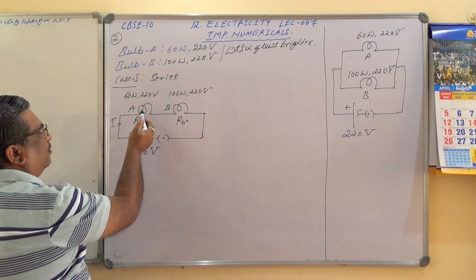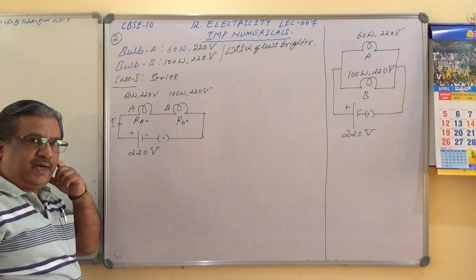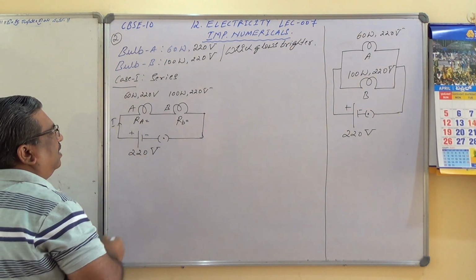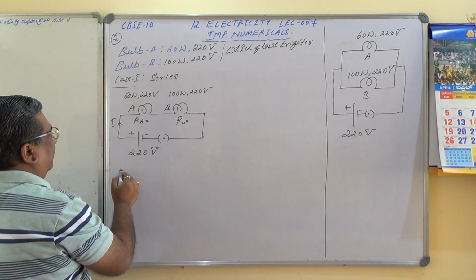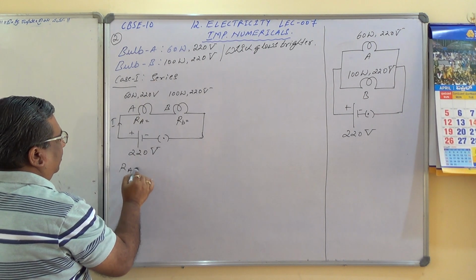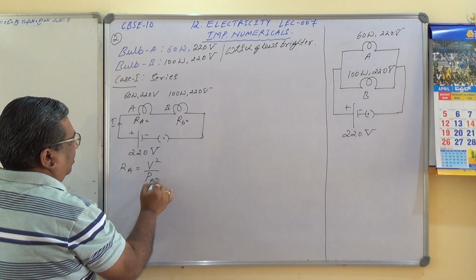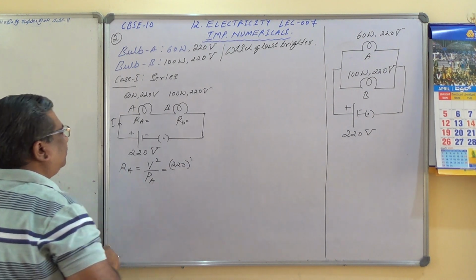And power consumed by A is I square into RA, and power consumed by B is I square into RB. So first I should know the current here, and also the resistances of these two bulbs. So the power rating is given: RA equals V square by PA, 220 volts the whole square.